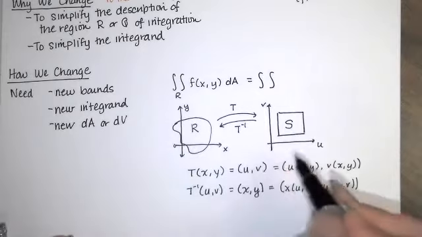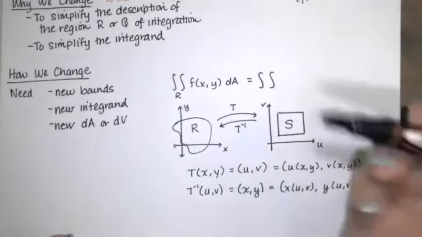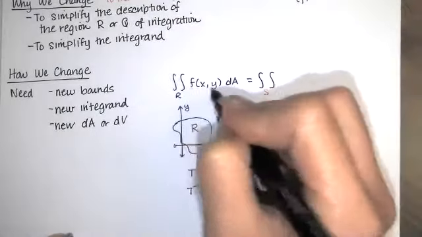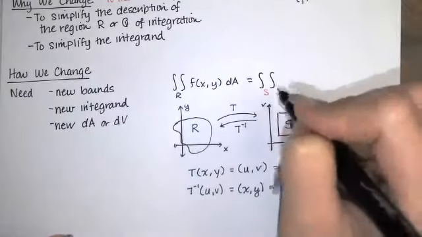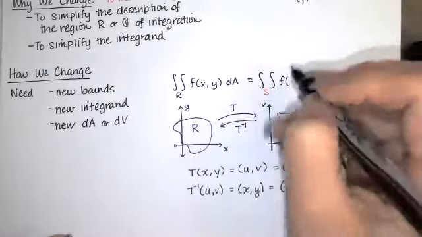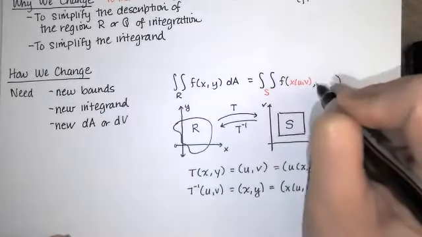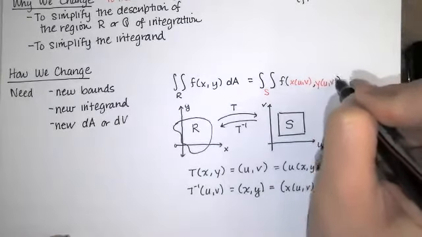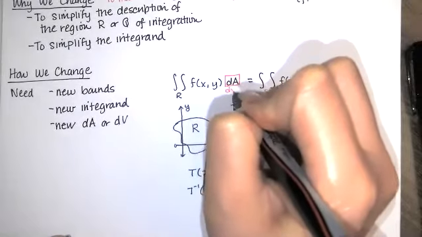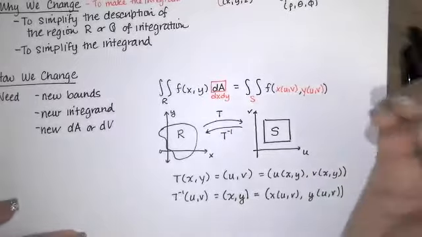So rather than integrating over R, we're going to integrate over S in the UV plane. And instead of having this integrand in terms of X and Y, we'll have our integrand in terms of U and V. So we'll replace X with whatever it is in terms of U and V, and we'll replace Y with whatever it is in terms of U and V. And this dA, which used to be dx dy, is going to be given by this.